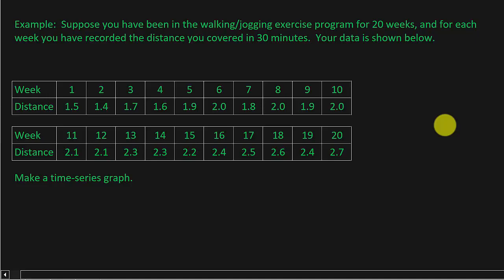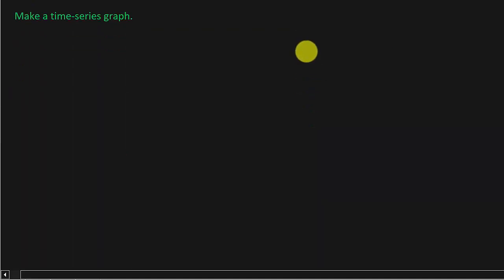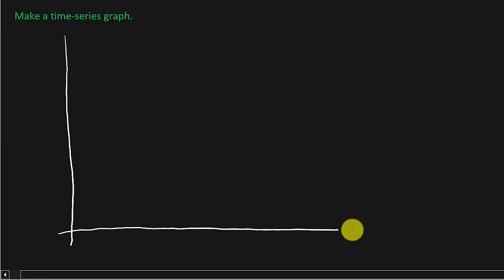All right, so basically all you're doing here is plotting points. This is like your X coordinate and this is like your Y coordinate. Okay. So let's go ahead and draw this. I wish I could draw a straight line. It's kind of tough drawing a straight line on this screen because it's so slippery.